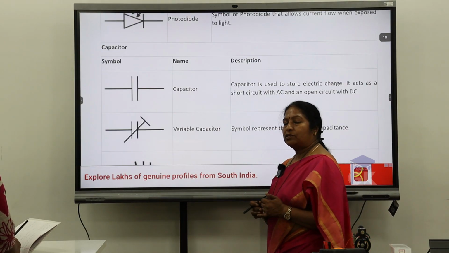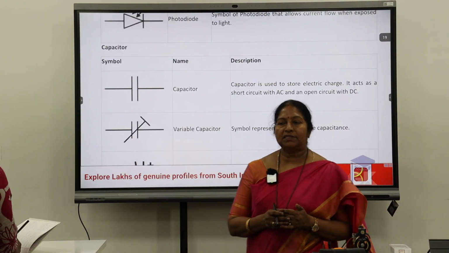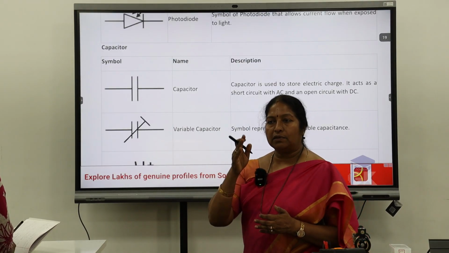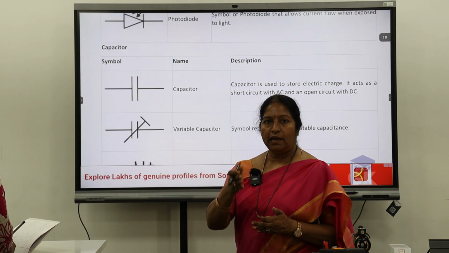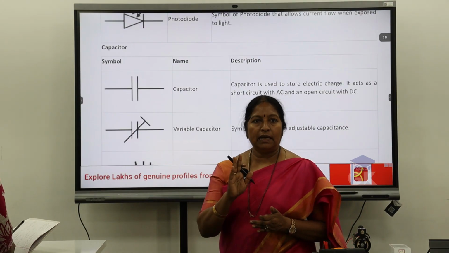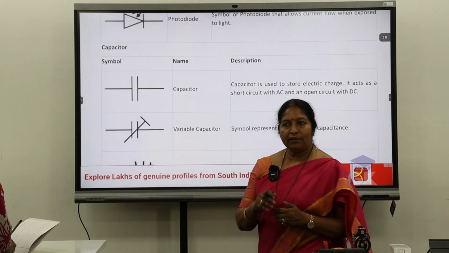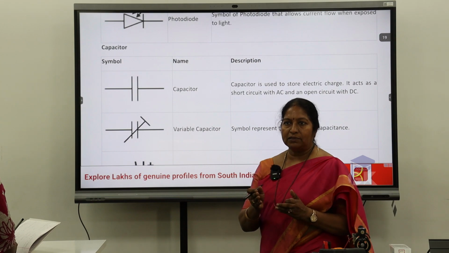That is the paper capacitor. We have a plastic capacitor, where instead of ceramic they use a plastic material as a dielectric. And electrolytic we have seen, where it has a different construction.